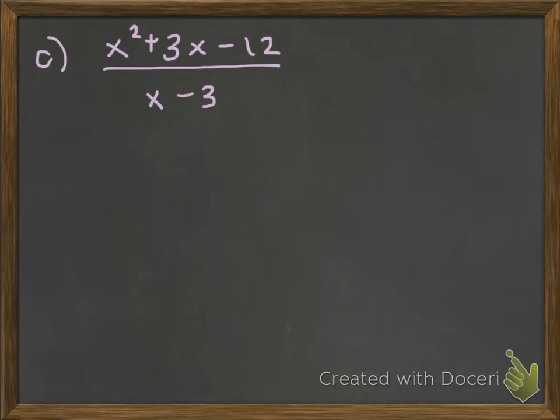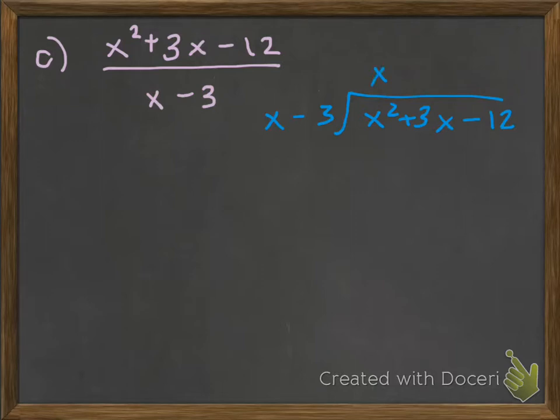Here we have x squared plus 3x minus 12, and I want you to divide it by x minus 3. Same thing: we put our x minus 3 on the outside and x squared plus 3x minus 12 underneath. We say, x times what would give me x squared? That would be an x.